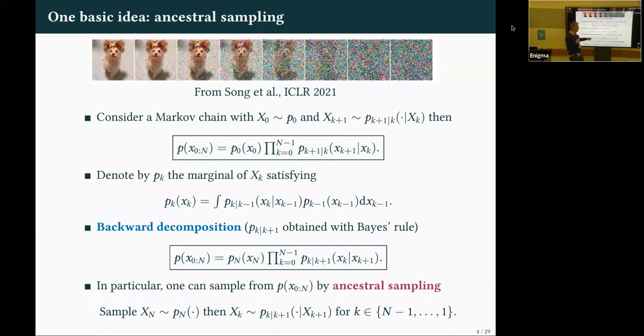I'm going to write the joint distribution of this forward Markov chain in the backward direction. So I start from the final time marginal and have this product of backward Markov transition kernels. In the forward direction, you add noise progressively, so the backward Markov transition kernel corresponds to a denoising operation.